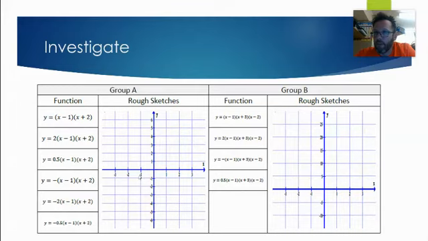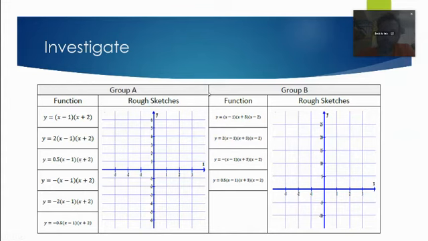Just see if you can pick off those similarities. So open up Desmos. I would suggest graphing all 6 of Group A at the same time, and then separately graphing all 4 of Group B at the same time. See what you notice. So I suggest pausing the video right now and doing that, and unpause when you're ready, because I have the graphs right here.